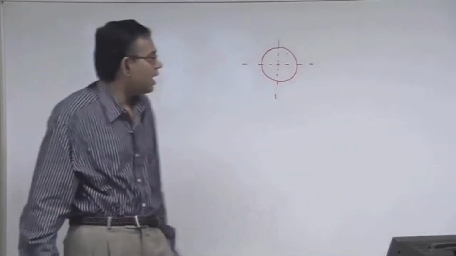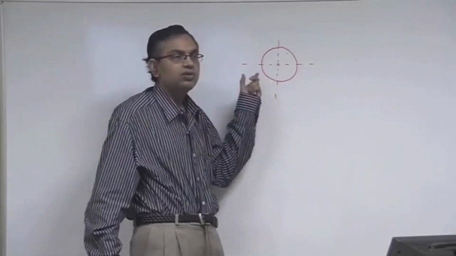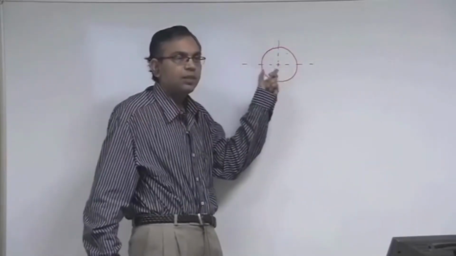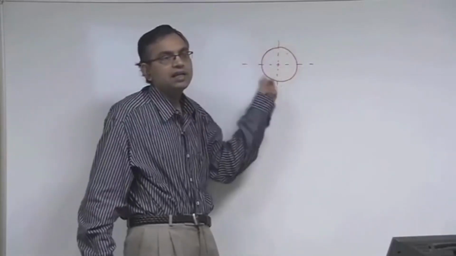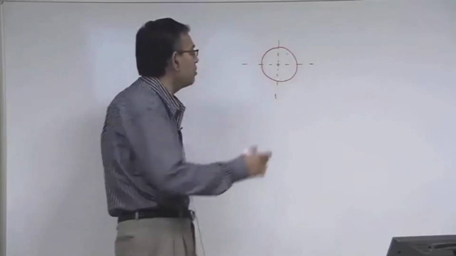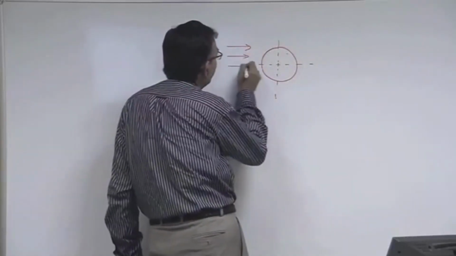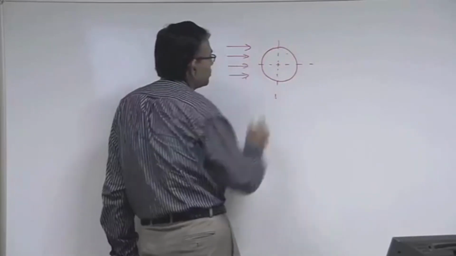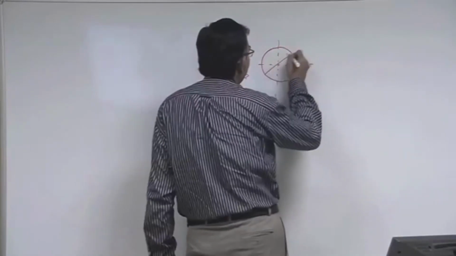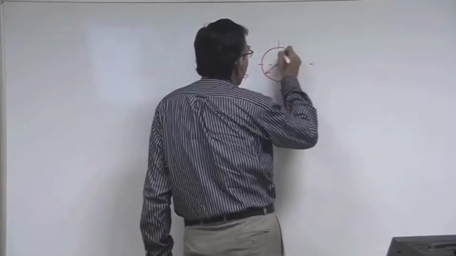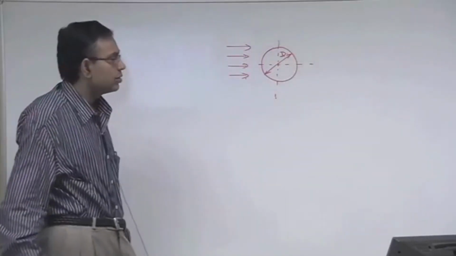The idea of the classical problem is to solve for the velocity profile, the pressure profile, and hence the drag force that is acting on this spherical object as you have a low Reynolds number fluid flow past it. The Reynolds number of course is classically calculated based on the diameter of the sphere.